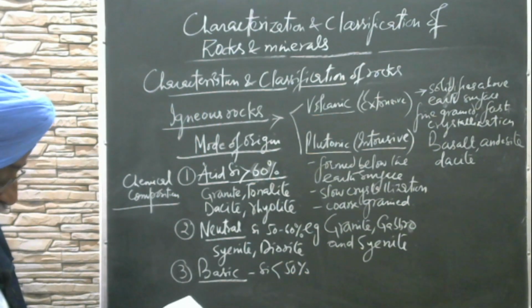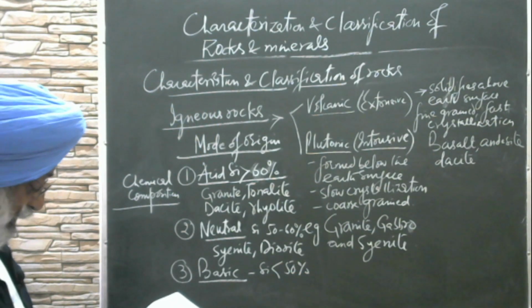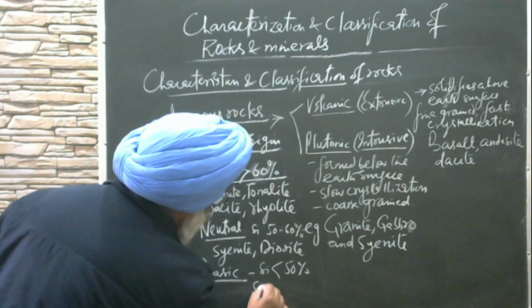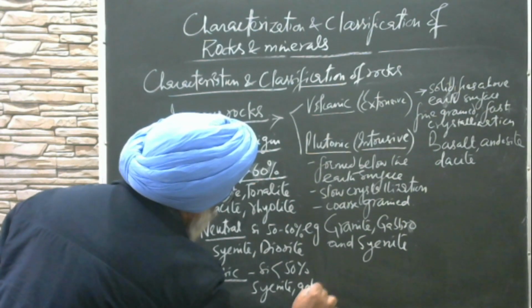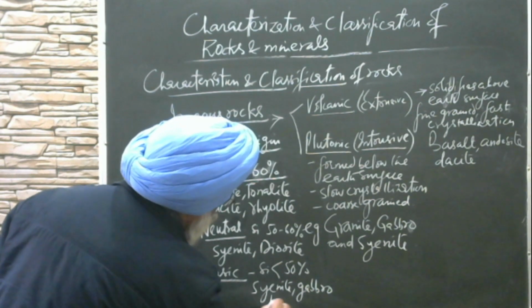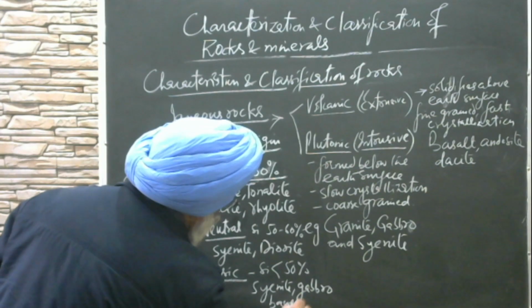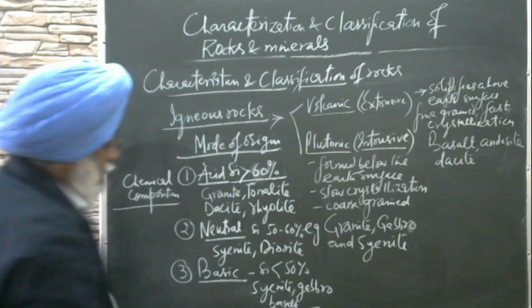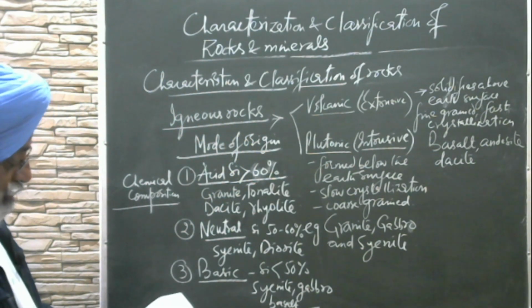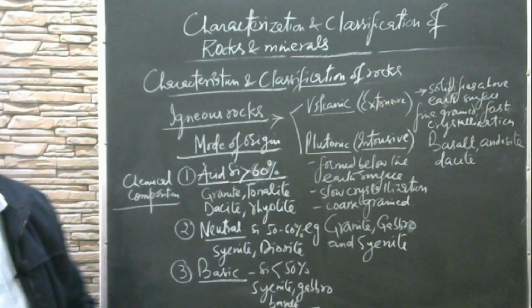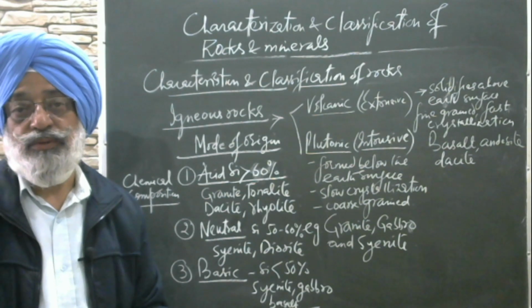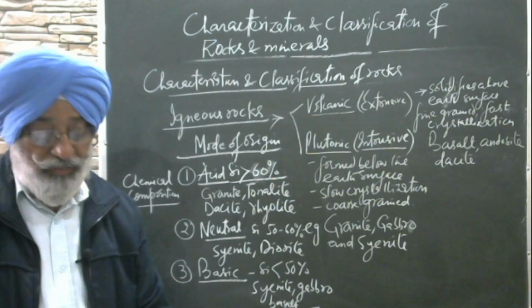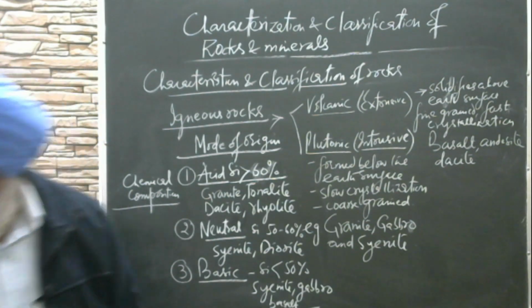And here the examples are gabbro, basalt. So igneous rocks can be classified on two bases. First is on the basis of their mode of origin, second is on the basis of chemical composition.